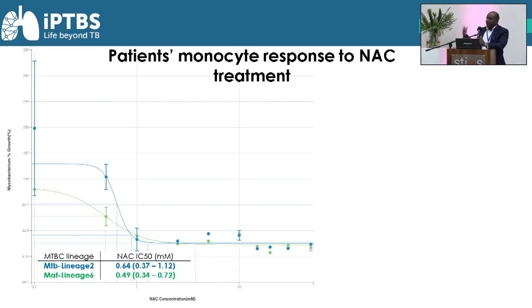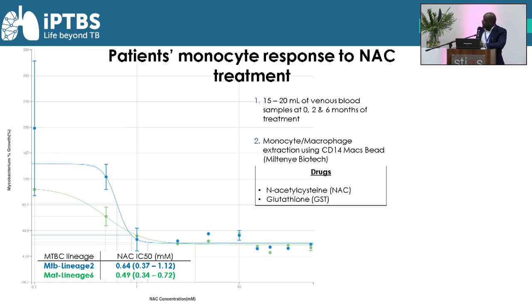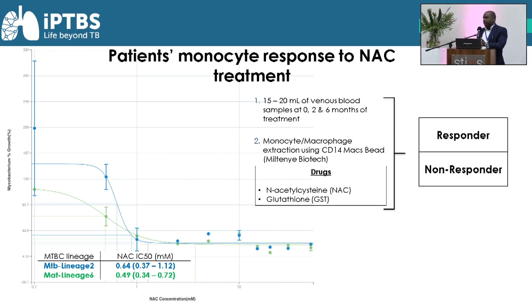What we have been doing already was to look at the direct effect of NAC on this pathogen, and it can show you for at least these 2 that the IC50 are different, just to bear in mind. So I will be taking blood samples, infecting them at different time points in the presence of the bacteria and the drug in order to anticipate who might be a responder or non-responder.